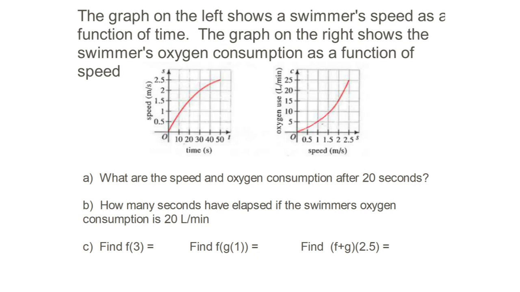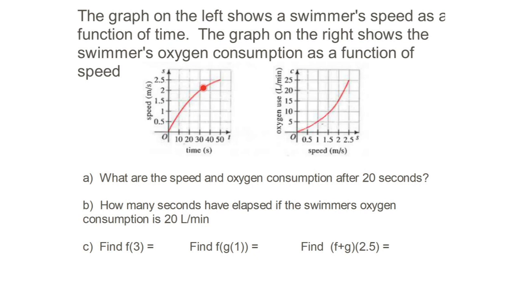So you can see on the left, this shows a swimmer's speed with respect to the time. You can see that as the swimmer starts, they're increasing their speed. They're not really fast initially. They're getting faster and faster as they get going. But now as we keep going, I'm starting to get a little bit tired. And so how quickly they're increasing that speed starts to level off a little bit.